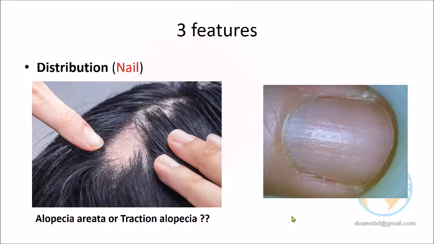You still cannot say. In the nail, there are multiple depressions, points. Pitting. So if you can accumulate this feature with this scalp feature, more likely this is alopecia areata.